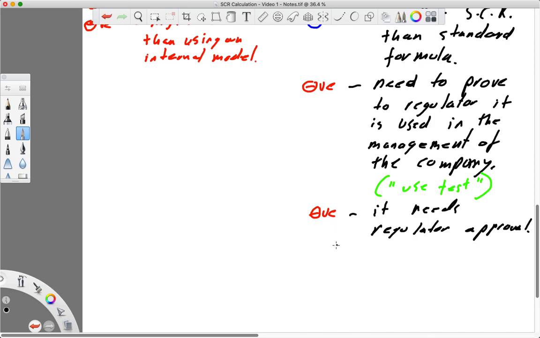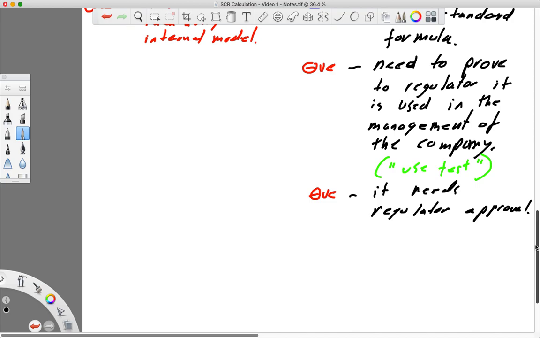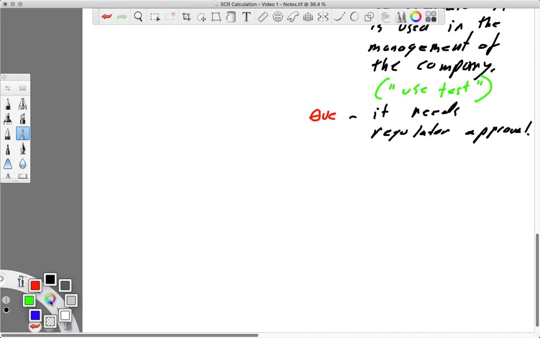You have to build it, produce results, share the results and all your documentation with the regulator, demonstrate the use test type stuff, and then the regulator decides whether or not you are allowed to use the internal model that you've built.